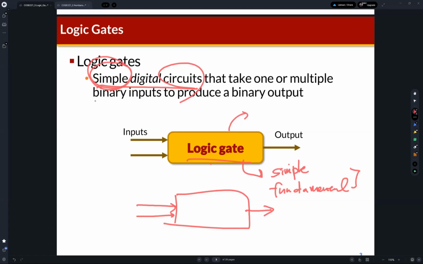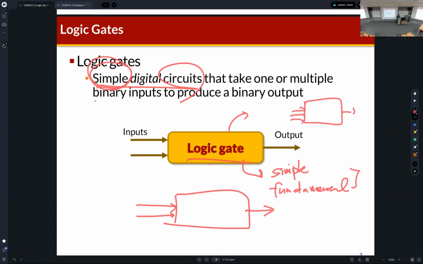I mentioned the concept of modularity, right? Do you remember? What is modularity? Modularity means that for a module, we can define the input signals of this module and the output signals of the module.